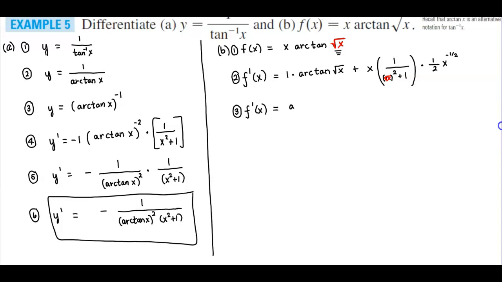So this is arctangent of the square root of x plus, well, this becomes x times 1, which is x over, well, this becomes the square root of x squared, which is x plus 1, times, well, remember that this is 1 over 2 times the square root of x.